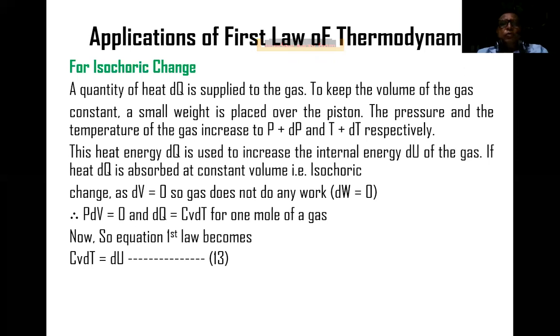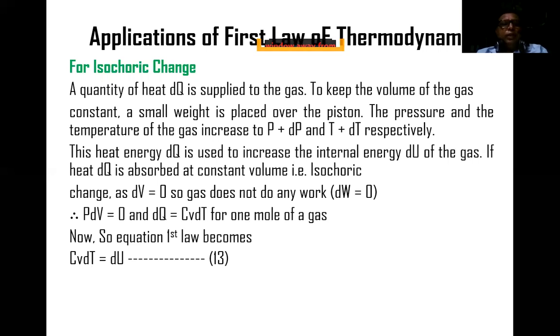The pressure and the temperature of the gas increase to P plus dP and T plus dT respectively. This heat energy dq is used to increase the internal energy dU of the gas.